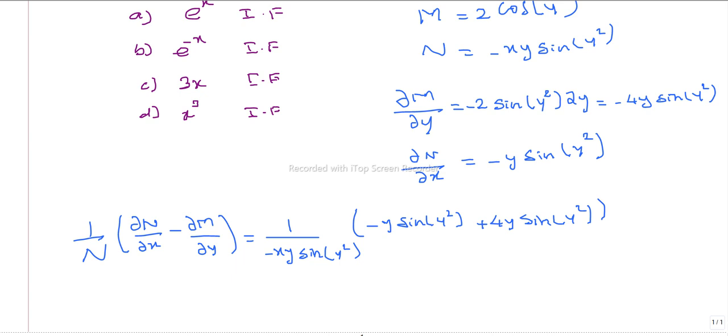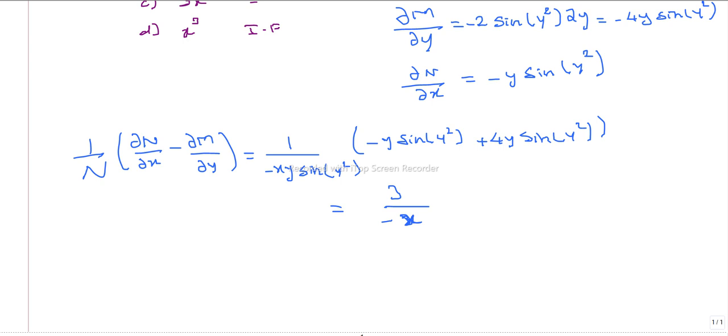Therefore we can cancel things: in the numerator we have 3, in the denominator we have minus x, because y into sin y square is cancelled. So this is a function of x alone, therefore the integrating factor is e power minus 3 by x dx. So this is equal to e power minus 3, integration of 1 by x is log x.